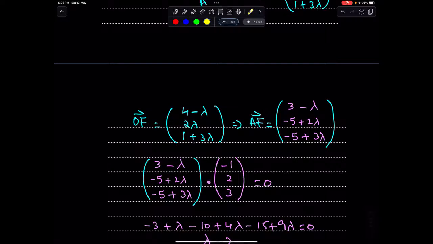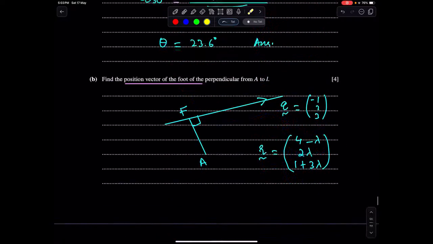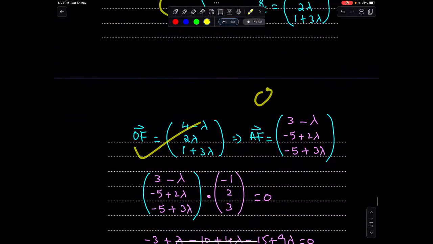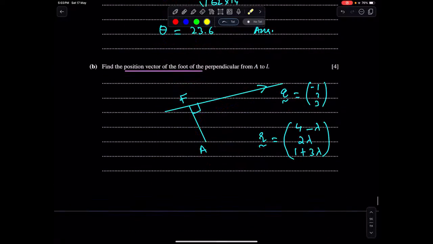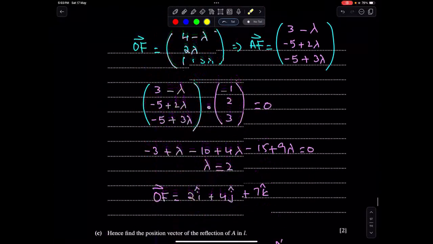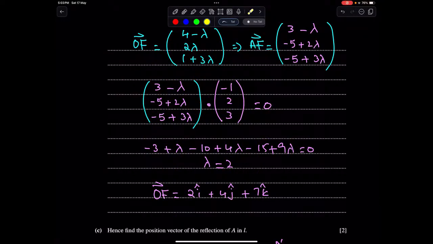Now get AF. AF is OF minus OA. This is AF. Now take the dot product of AF with Q for the value of lambda. AF dot Q will give you lambda. Now substitute lambda into OF because we had to find OF.